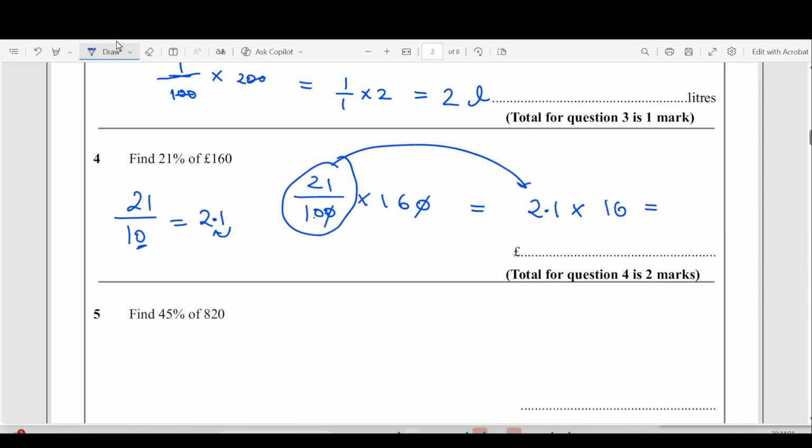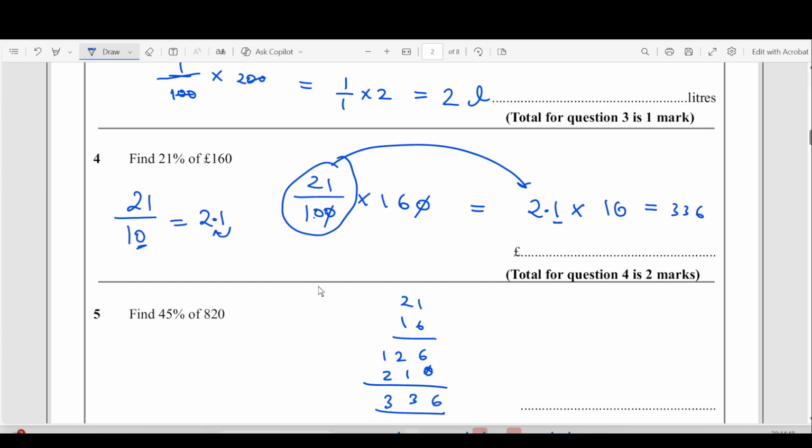How much is that? Do the math. What's your answer? 336.